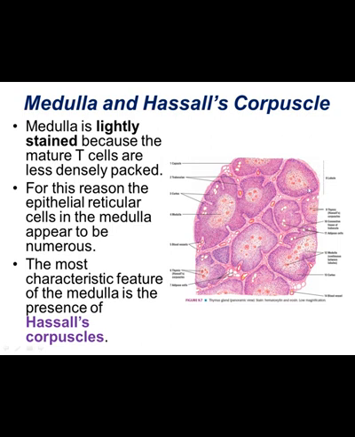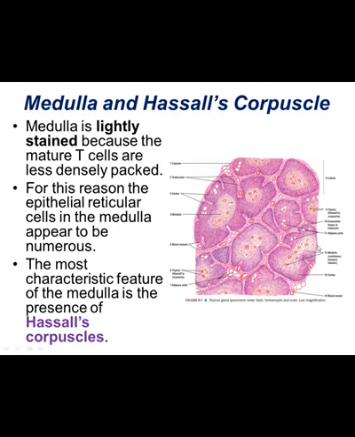Here in the cortex, these lymphocytes are densely packed, but in the center or medulla, they are less densely packed. For this reason, the epithelial reticular cells in the medulla appear to be numerous. This is opposite to the cortex. In the cortex, epithelial reticular cells are fewer, but in the medulla, epithelial reticular cells are numerous.